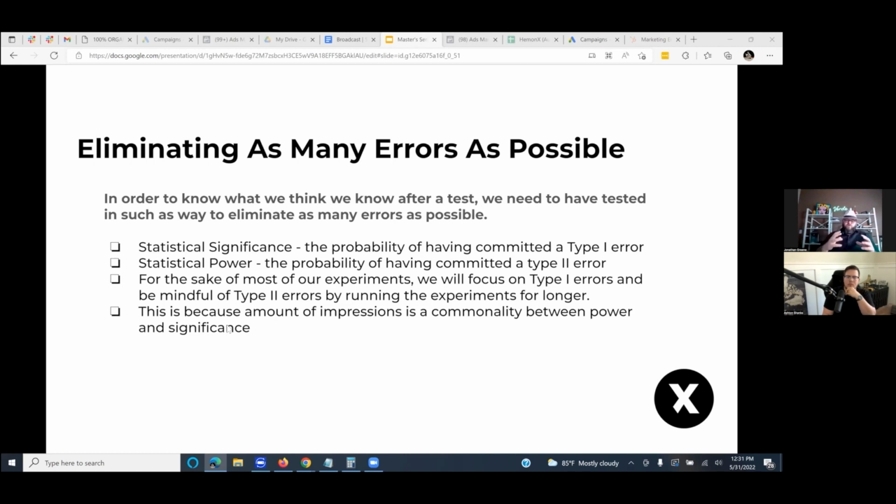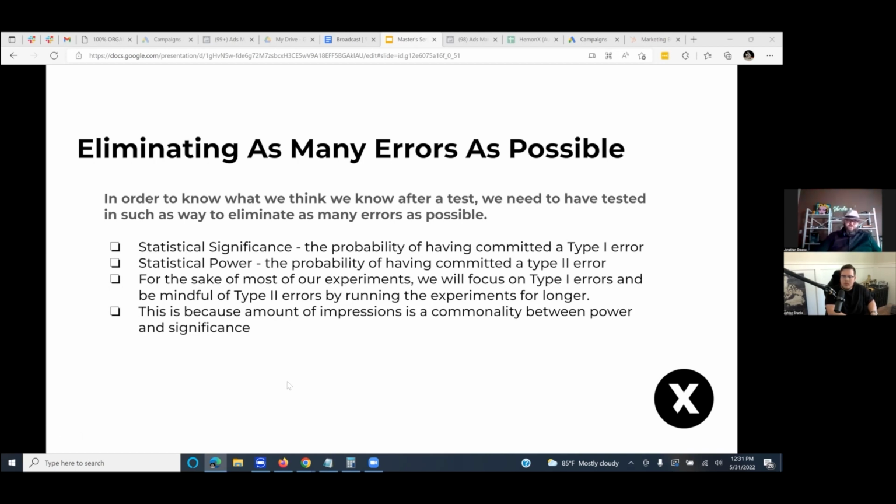Because accounting for type 1 and type 2 errors, which is to say statistical significance and statistical power, are actually inversely pulling forces. So they're related to one another in an inverse way. So the more sure that I am that I have statistical significance, generally the less sure I will be that I also have statistical power. So the more sure I am I don't have a type 1 error, the less sure I am that I don't have a type 2 error. And that's the way it works.